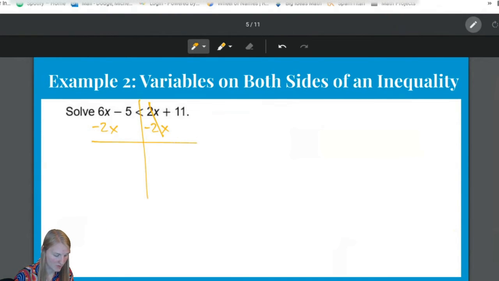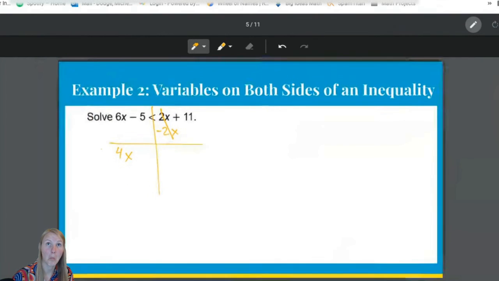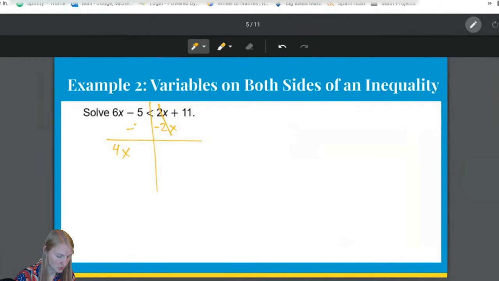And now I have 6x minus 2x is 4x. Remember, when you minus 2x, you don't want to put 5 minus 2x over here, because you can't do 5 minus 2x. You want to put your apples together and your oranges together. So that's why we wrote the 2x over here. I put the x's together, my apples together.